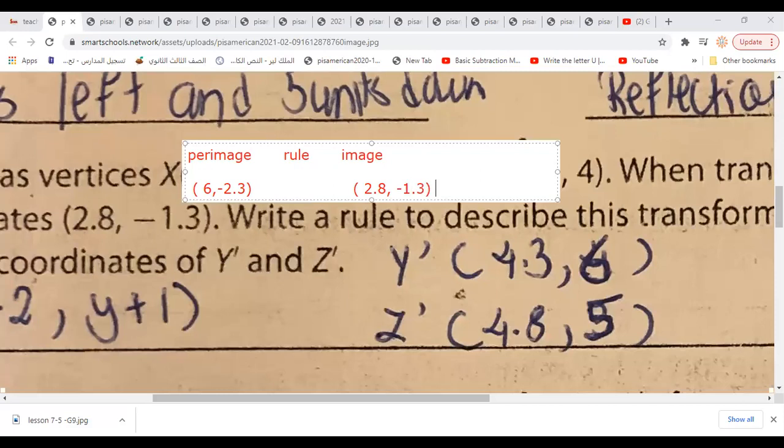And we are looking for the rule. How will we find the rule? We will subtract.